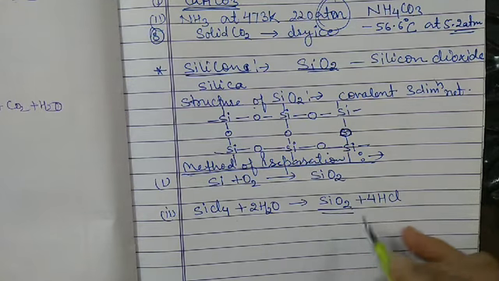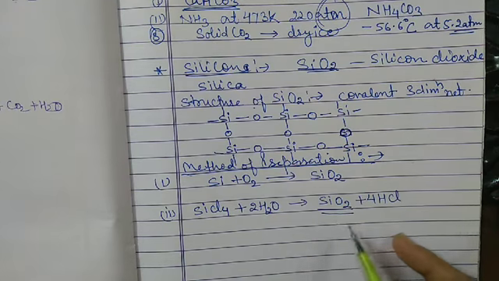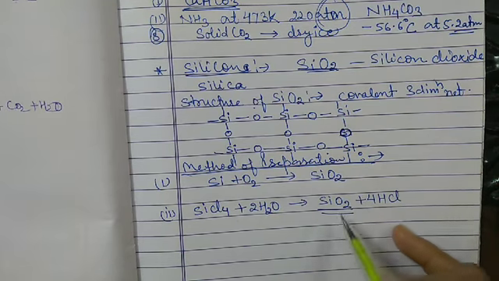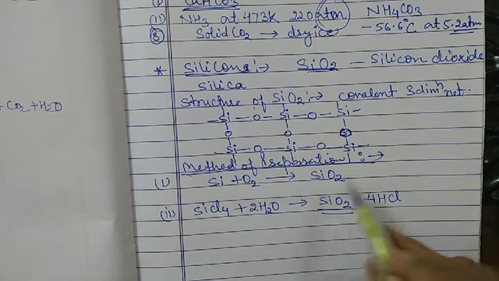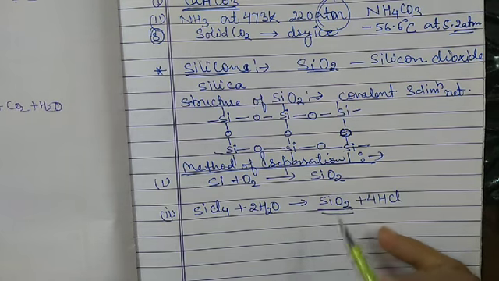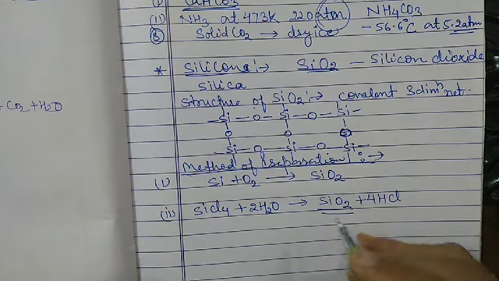This method, the preparation from silicon tetrachloride, is normally less in use, as silicon dioxide further reacts with hydrogen fluoride to form another complex, and that complex is hexafluorosilicic acid.